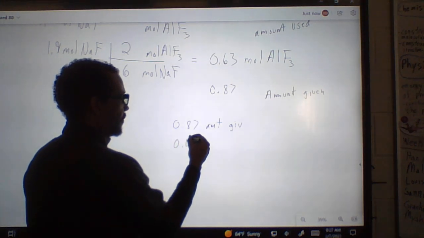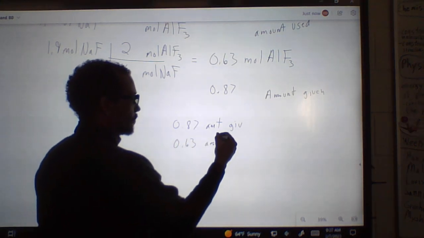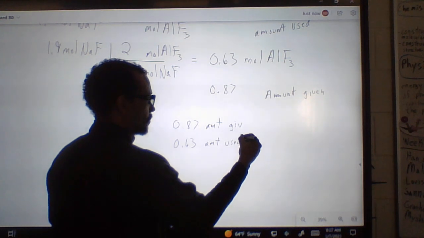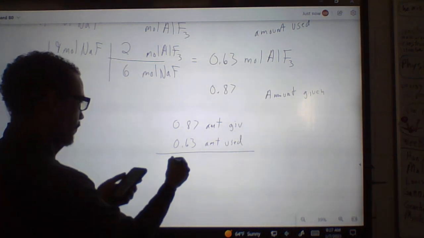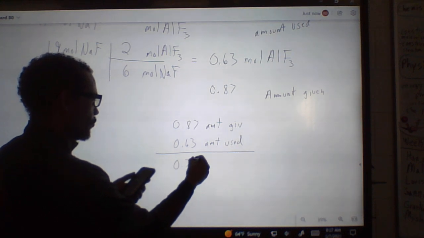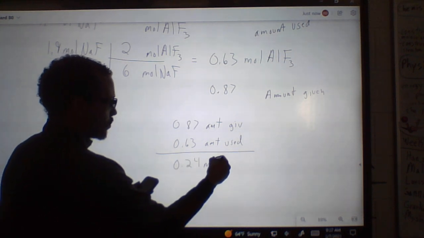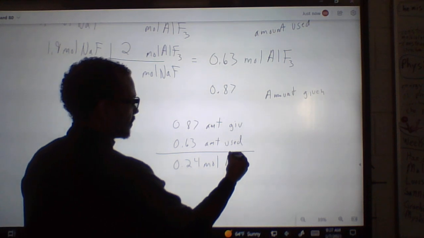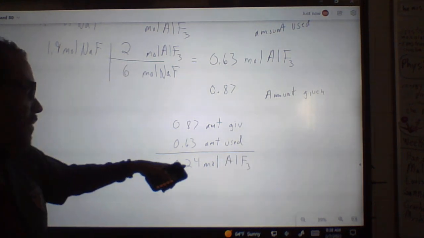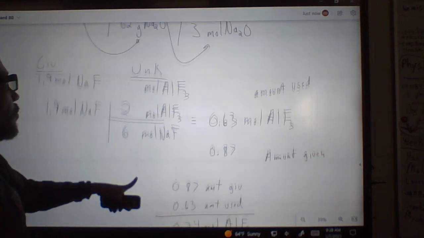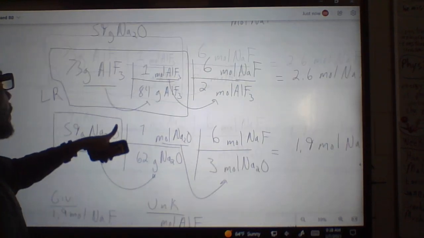I'm going to subtract off the amount used. And this will tell me the amount of moles, 0.24 moles of my excess. That's going to be AlF3. So that'll be how much is left over of that one, which is what I'm asking.